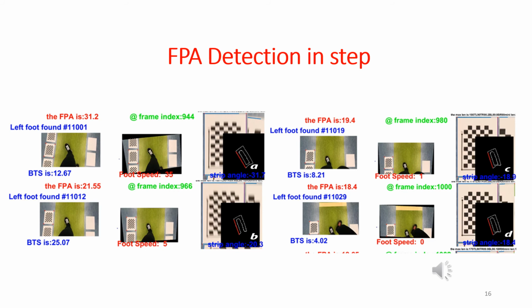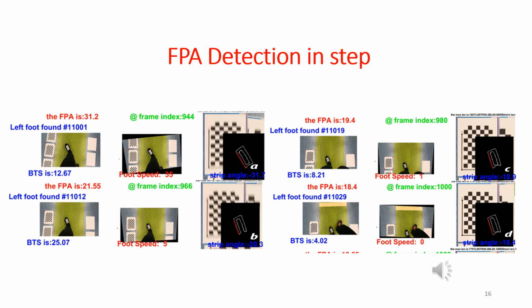So in each step, we detect the foot flight stage from frame 944 to frame 1000, and we collect all of the images and the data. After analysing this data, we take the best result at the foot speed equal to 0.